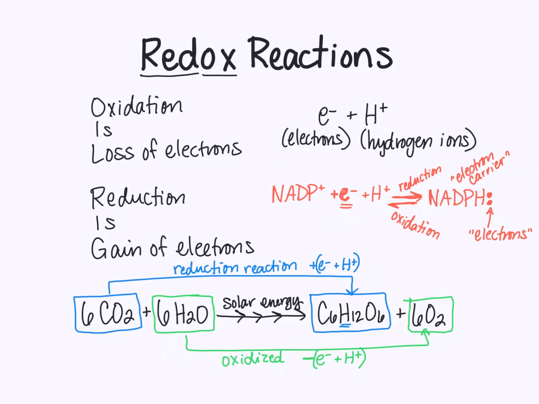And generally speaking, there are these redox reactions that happen during photosynthesis. And we'll be talking about NADP plus as a molecule that can pick up electrons, transport it to somewhere else, and then give up those electrons to another molecule as kind of an intermediate of these redox reactions.